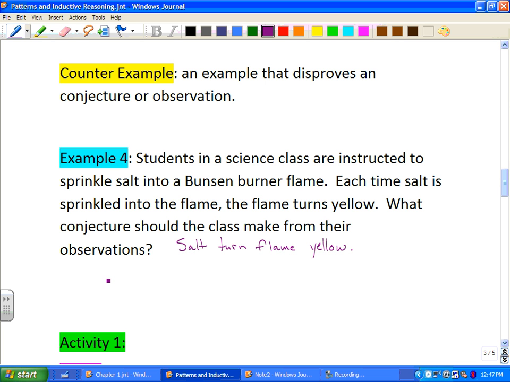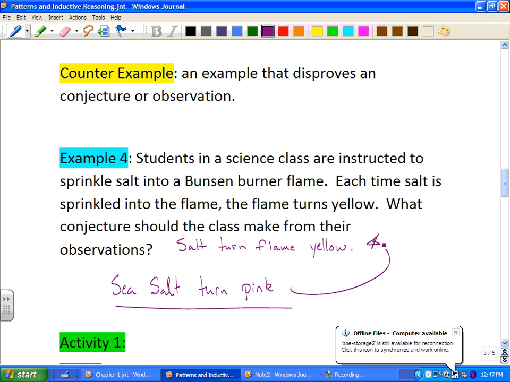But now the teacher pulls this out and says, all right, sea salt. Sea salt, you sprinkle it on there and it turns pink. Sea salt turning pink would be a counterexample to the previous statement that says all salt turns flames yellow.